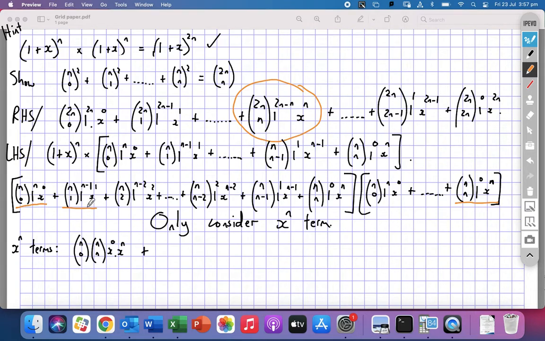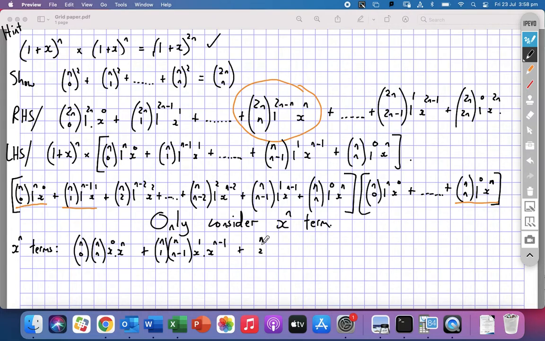So when this term here, n choose 1, 1 to the n minus 1 power, has x to the 1, and it finally multiplies with this term here, n choose n minus 1, 1 to the power of 1, x to the n minus 1, I get another x to the n term. So I might write out a few of these. N choose 1 meets up with n choose n minus 1, x to the 1 times x to the n minus 1.